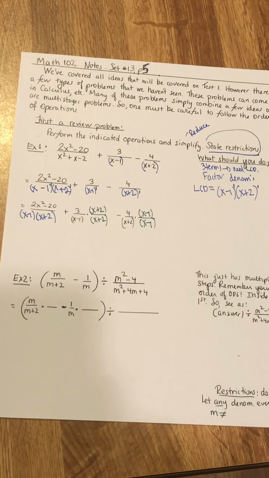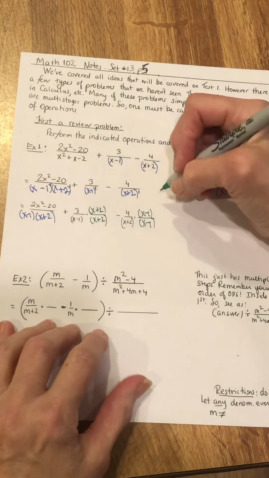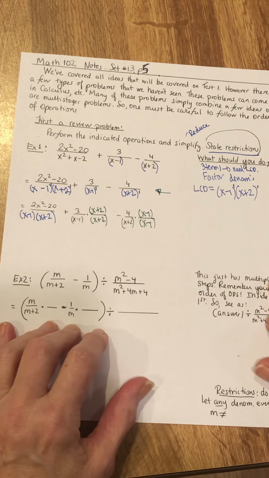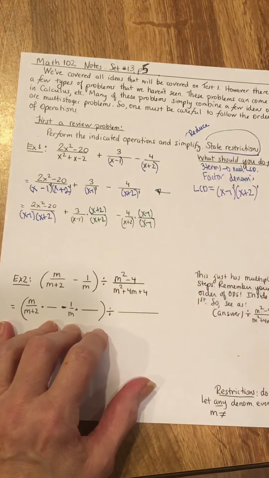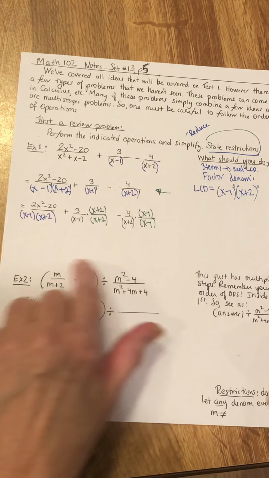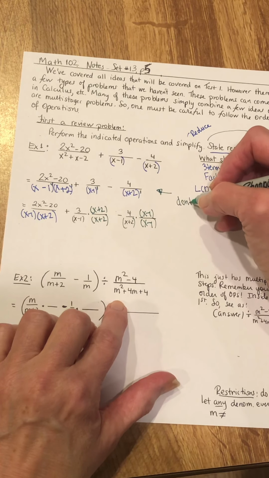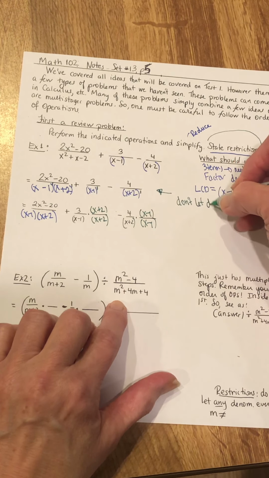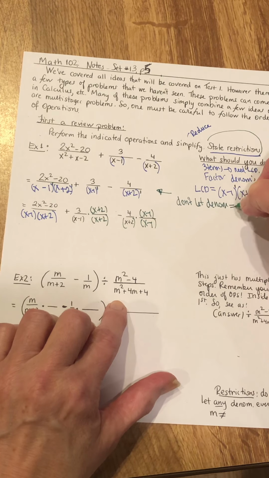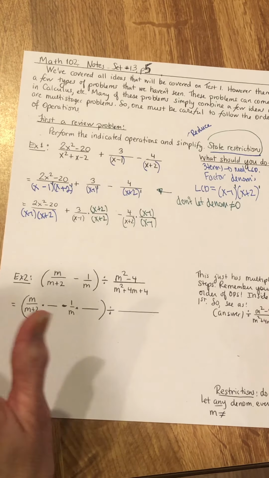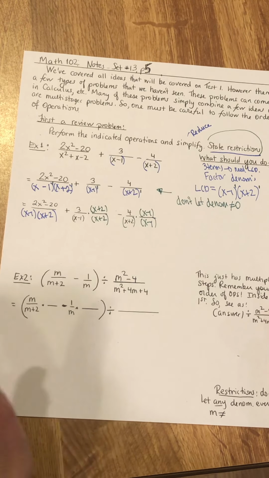Now, before we go on, let's go ahead and state the restrictions. One of these steps right here is the best place to state the restrictions. These equals signs are going to hold, and these fractions will have meaning, as long as I do not let the denominators be 0. Numerators can be 0. 0 divided by 5, that has meaning, it's 0. 5 divided by 0, meaningless.